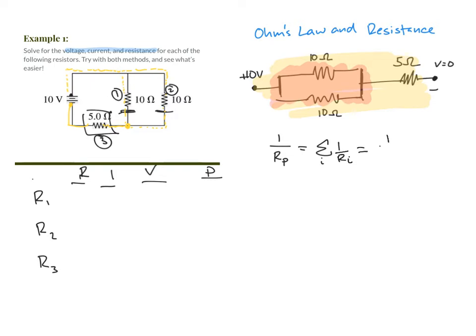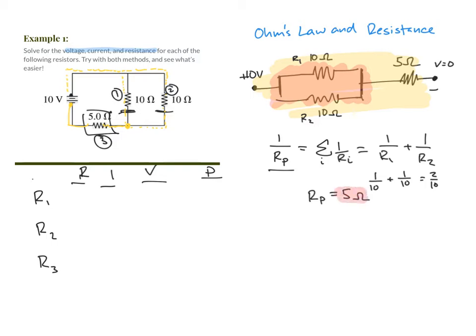Here that's equal to 1 over R1 plus 1 over R2. Each one is 10, so that's 1/10 plus 1/10 equals 2/10. Take the reciprocal of that to get R_P, and you have the resistance of that parallel part equals 5 ohms for the red highlighted bit only.